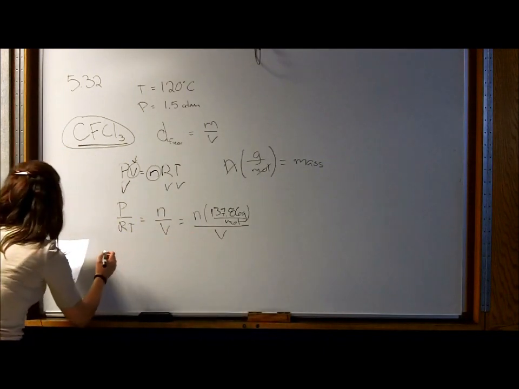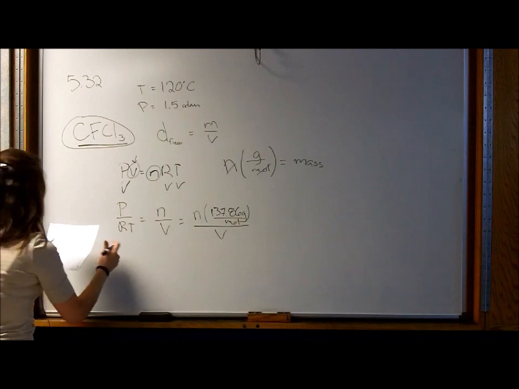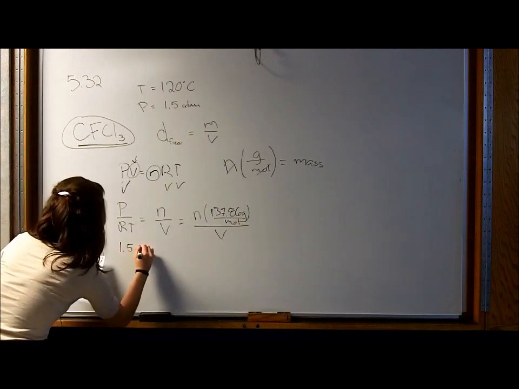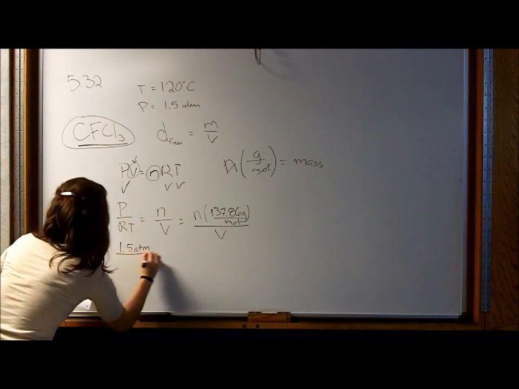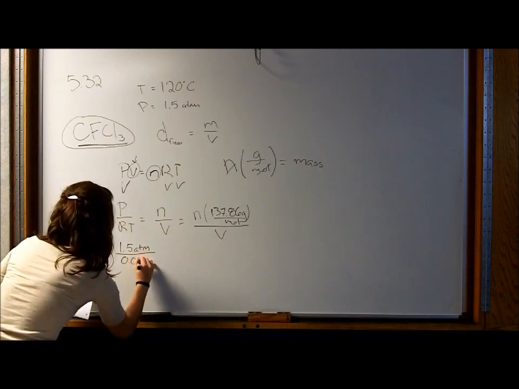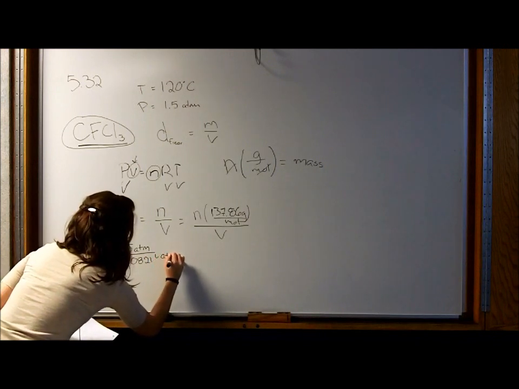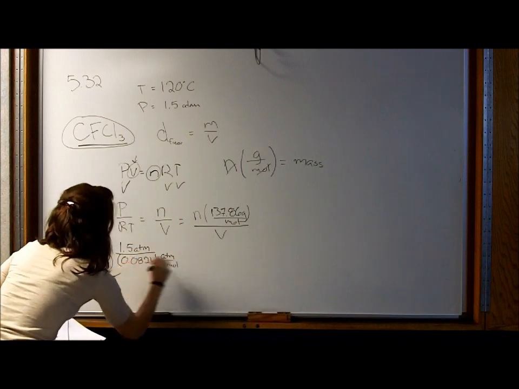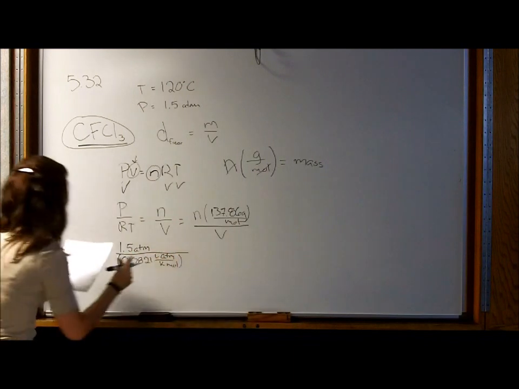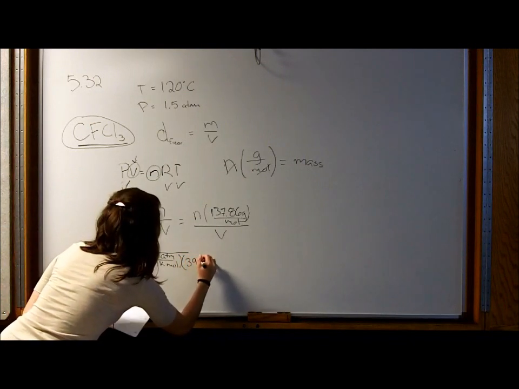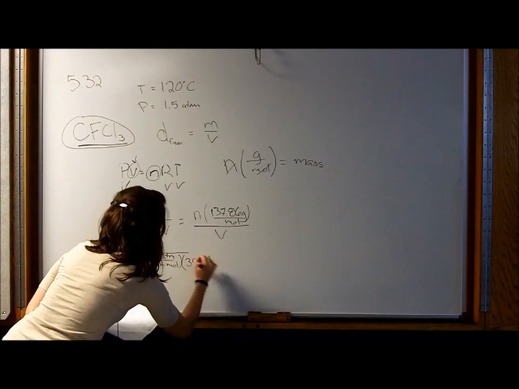So, putting our variables in here, we have 1.5 atmospheres over 0.0821 liters atmospheres over K mole. This is the R. Also over 393 Kelvin.